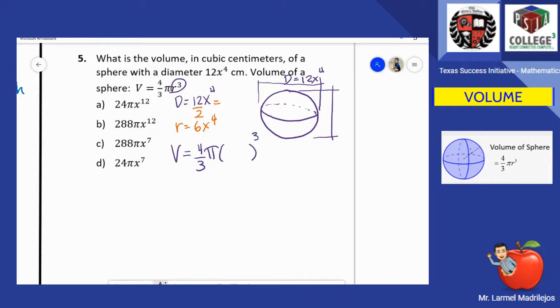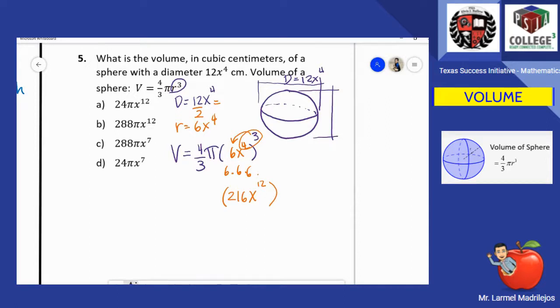So my r is 6x to the fourth. So what does it mean? We're going to do like the PEMDAS, exponent first. So this means 6 times 6 times 6. 6 times 6 is 36, times 6 is 216. Now I'm going to multiply this 4 times 3, x to the 12.